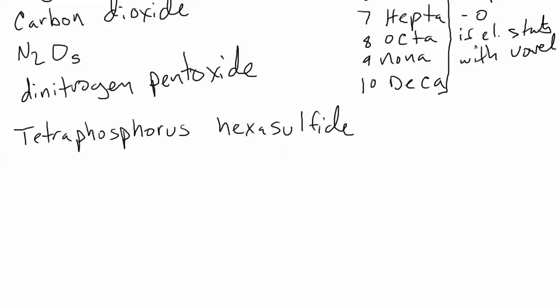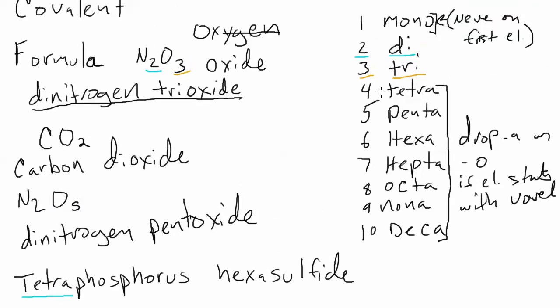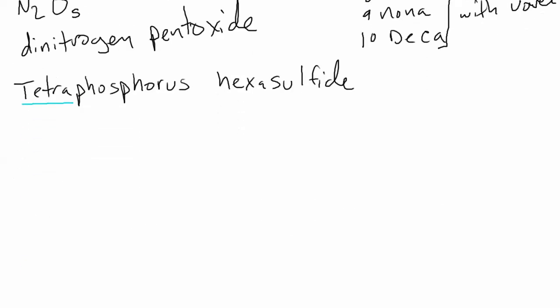Tetraphosphorus hexasulfide. So first thing we have to do is see, are there prefixes, and if there are prefixes, what are they? So in this first part of the name, tetraphosphorus, I recognize the prefix tetra. Tetra is up here, and it looks like tetra means 4. So that's my first prefix.